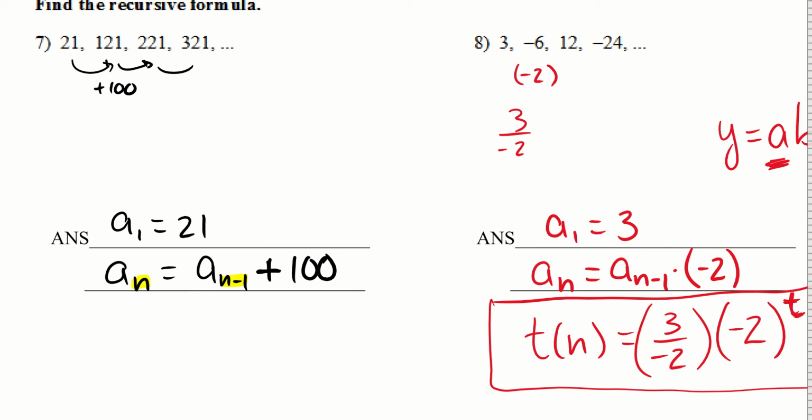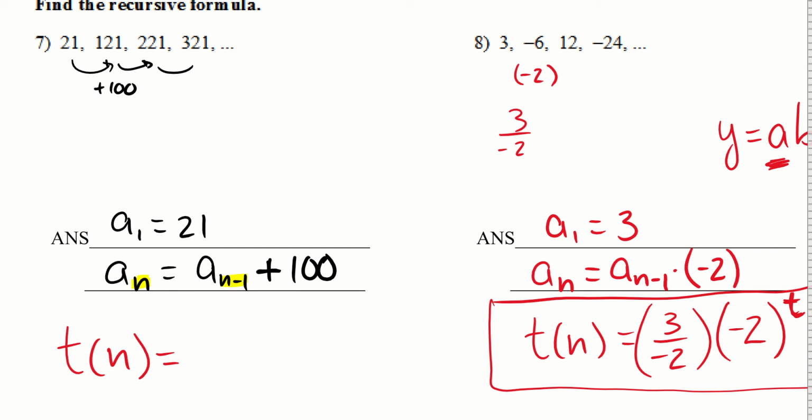Since we're here, let's write down this rule also. So this is an arithmetic sequence, so I could say t of n equals, and then let's see, if I want to move backwards, I've got 21, and I need to take 100 away from that. So I'm going to subtract that from the number 21.